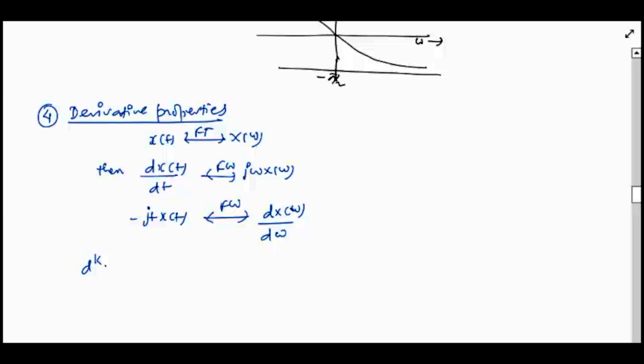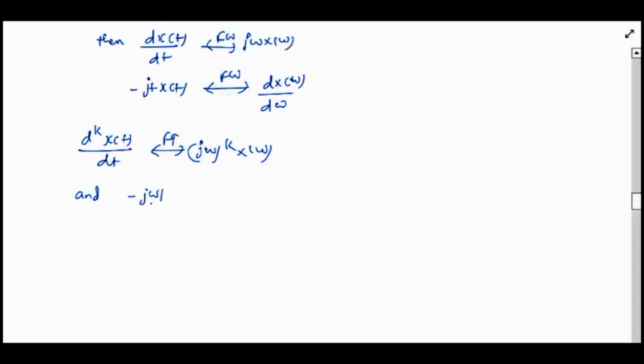The kth derivative of x(t) has Fourier transform (j omega) raised to k X(omega), and the Fourier transform of (minus j t) raised to k x(t) is the kth derivative of the Fourier transform of x(t).